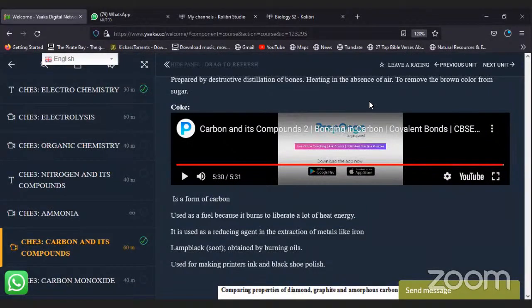And we have looked at our allotropes, we have looked at diamond, graphite and amorphous carbon. Okay, so 3 allotropes. So that type of bonding in carbon, carbon having the ability to bond with itself causes all these properties. Okay, so it's important to remember that.